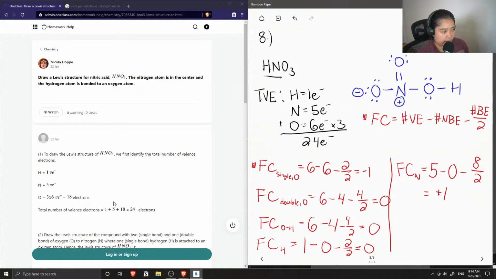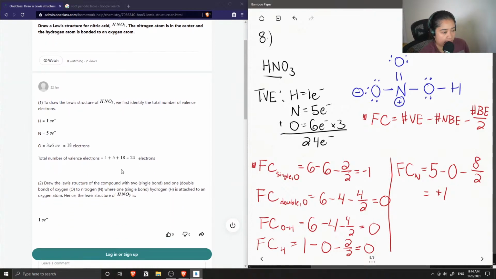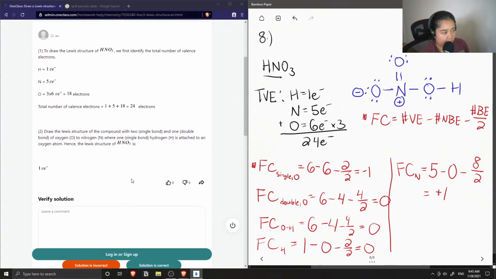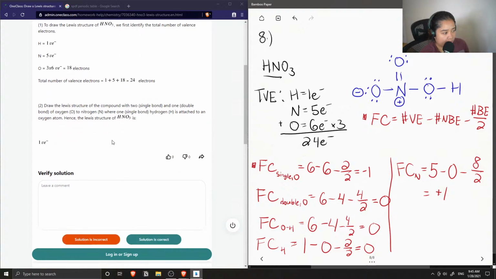So the junior tutor said first we need to find the total number of valence electrons, which they got was 24. And then they drew the Lewis structure of the compound. So it doesn't look like the picture showed up. 2 single bonds and 1 double bond to nitrogen. Double bond oxygen to nitrogen, or 1 single bond hydrogen is attached to an oxygen.